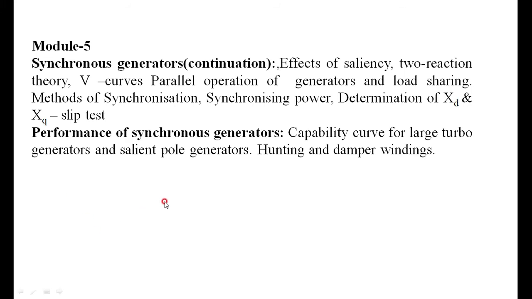Then we start with the two-reaction theory. We know that in the case of a non-salient pole type of machine, or a cylindrical rotor type of machine, the air gap, that is the gap between the stator and rotor, is uniform. Therefore, the distribution of the MMF in the air gap is uniform.